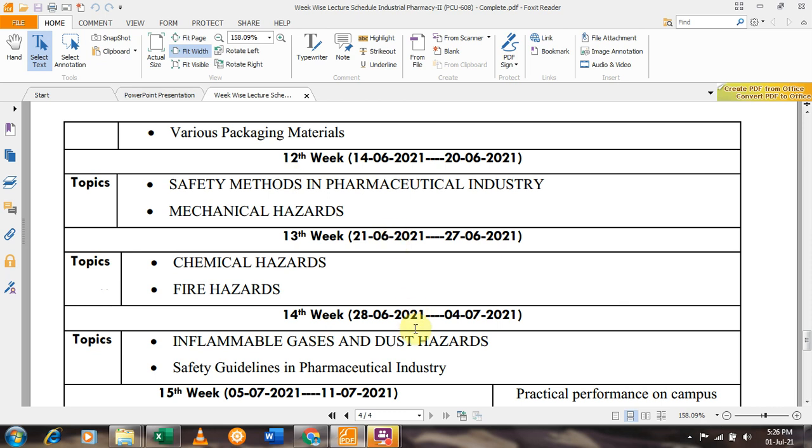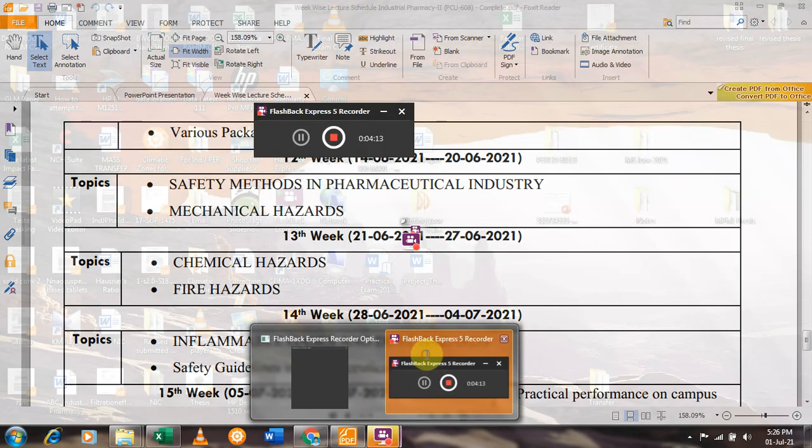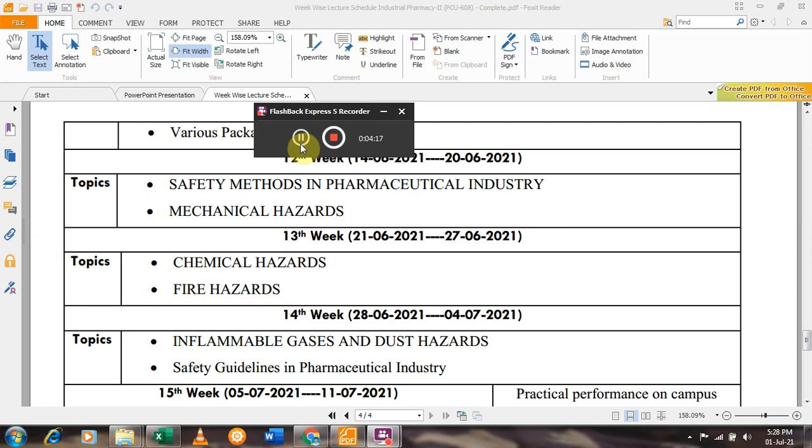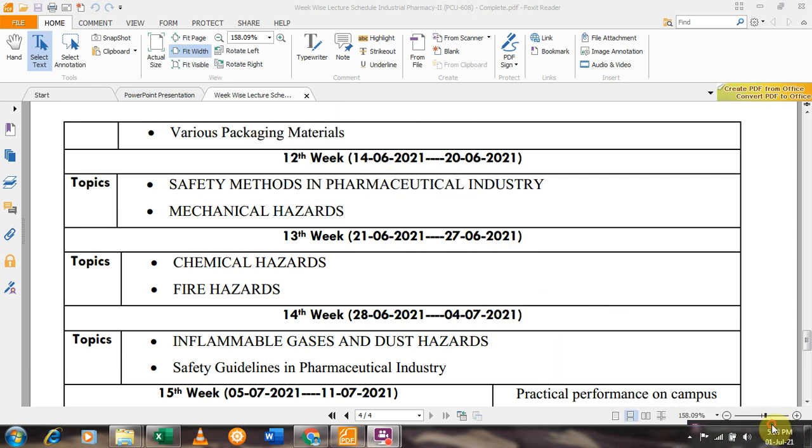Apart from that, safety methods in the pharmaceutical industry we discuss in detail, comprising various types of hazards, including mechanical hazard, chemical hazard, fire hazard, and flammable gases and dust hazard, as well as today's session on the safety guidelines in the pharmaceutical industry.